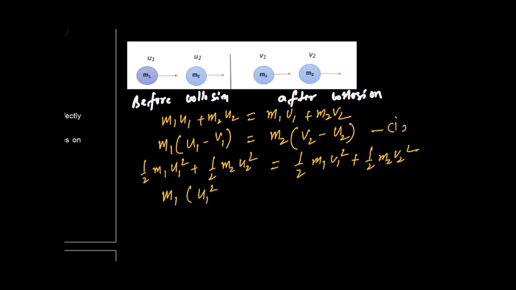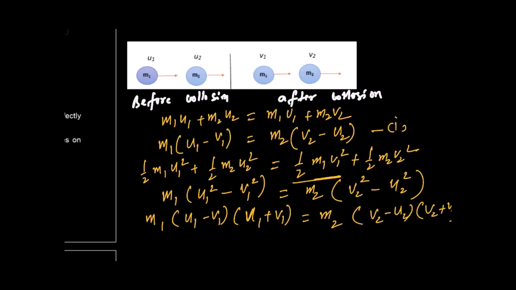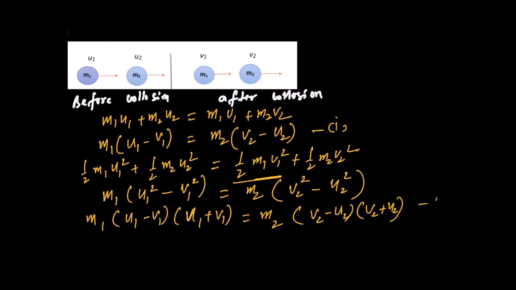So we can write m1, which expands as (u1 minus v1)(u1 plus v1), equal to m2 (v2 minus u2)(v2 plus u2). So let's say this is equation 2.